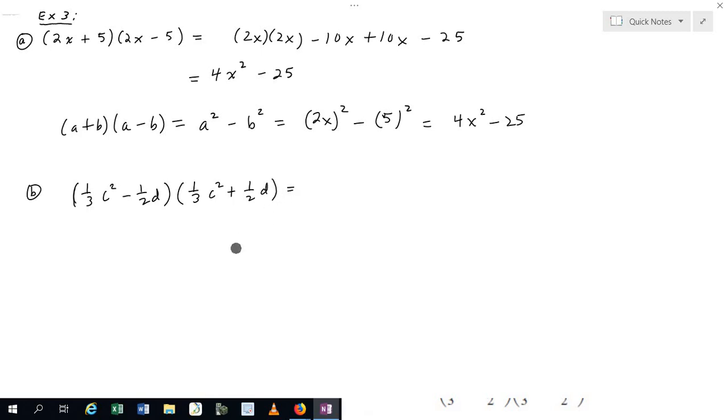Now again, I'm just going to FOIL this out, but then we can go back and look at the formula and see if we get the same answer.